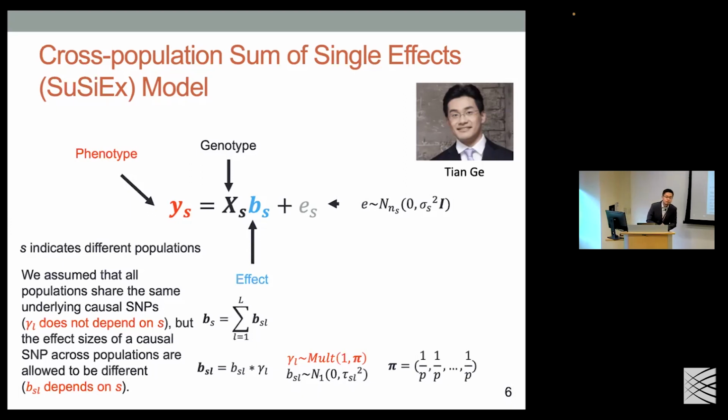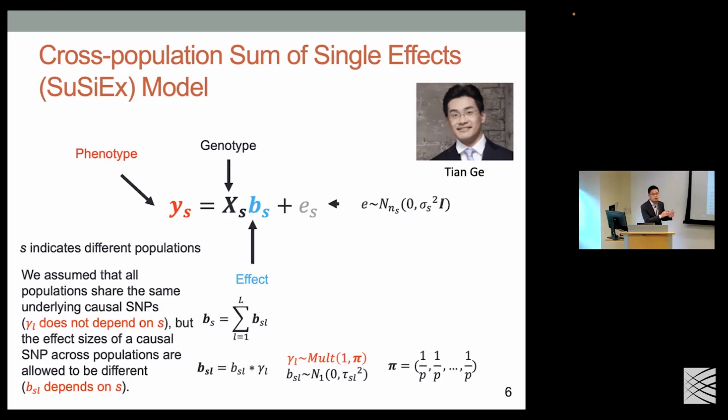So is the assumption that the variant will have a similar impact on different populations, or because it's not necessary, like in different populations, the variant may impact differently? So what's the assumption here? Good question. Actually, here we assume the causal variants are shared, but we allow the effect sizes, the B, to be different across different populations.